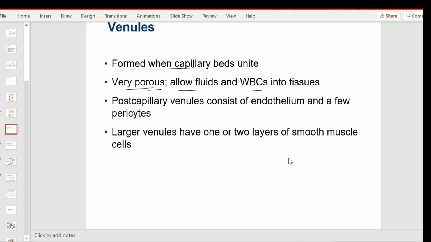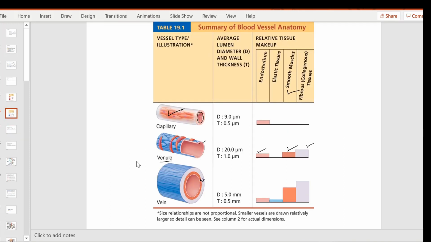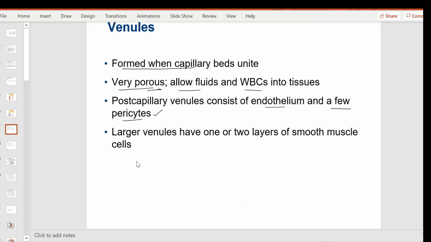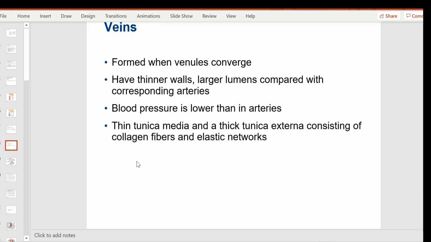Around some venules you have few pericytes, one type of cells around the endothelium. So around the simple squamous tissue, you have pericytes. These are the pericytes. Post-capillary venules usually have pericytes.